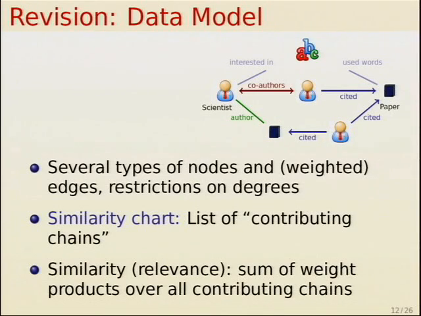Something like that. We have several types of nodes. We have probably weighted edges. We have restrictions on degrees because every scientist here wrote at most 100 or 200 papers, not millions of them. But with citations, every paper cites, say, 20 or 30 papers, but every paper can be cited by thousands. So there are different restrictions on out-degrees and in-degrees.